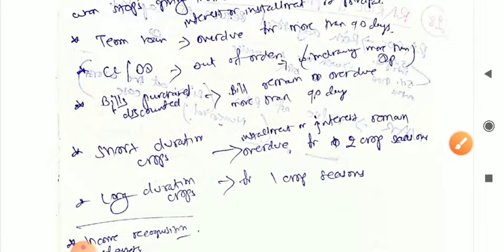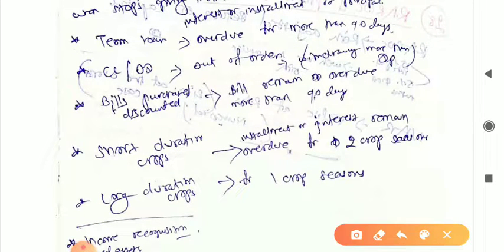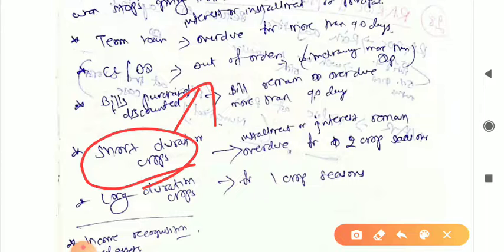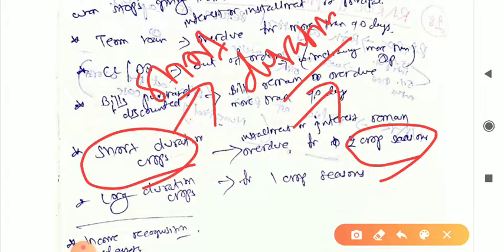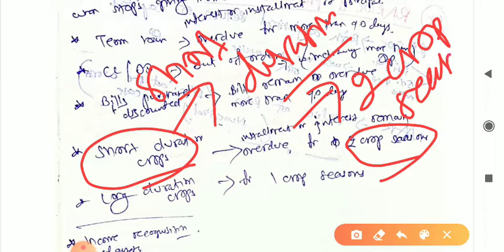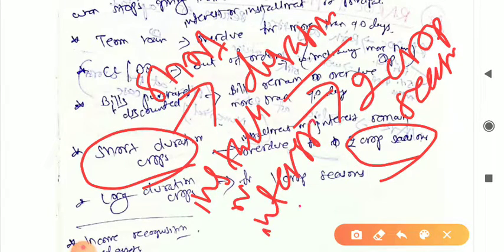The next one is short duration crops. In case of short duration crops, the interest or installment remaining overdue for 2 crop seasons, remember this, will make it NPA.